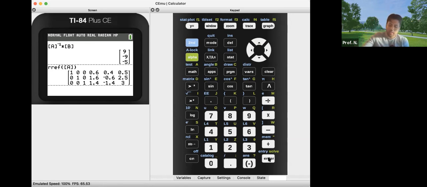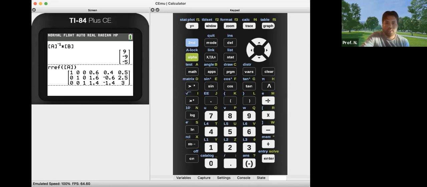And when I get it, I get exactly what I expected, the identity on the left, the 3 by 3 submatrix on the left, and then I get 0.6, 1.6, 1.4, 0.4, negative 0.6, negative 1.4, 0.5, 2.5, and 3.